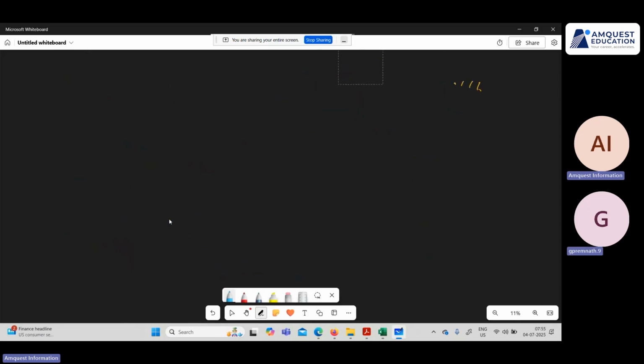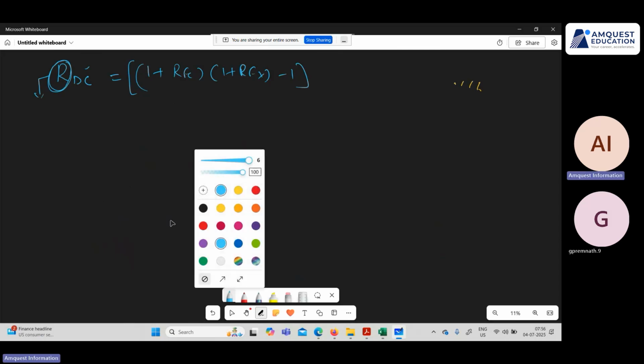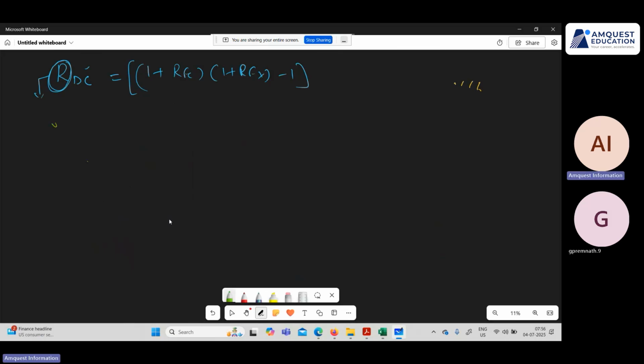We talked about return for a while now: if it is a domestic currency, if it is a foreign currency, how do we go about that? But when I am getting my RDC, which is 1 plus RFC multiplied by 1 plus RFX, minus 1, and I get some domestic currency return, it clearly means that I would also be getting some kind of domestic currency risk, right?